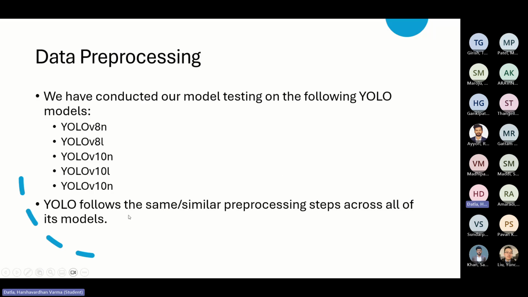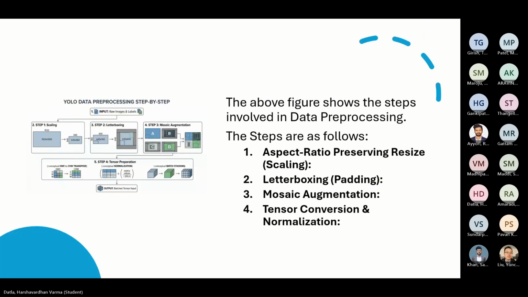So YOLO follows similar data preprocessing steps across all of its models. The data preprocessing steps followed by YOLO in order to convert the raw data set images into a format where the neural network of the YOLO could understand and process it are the following.